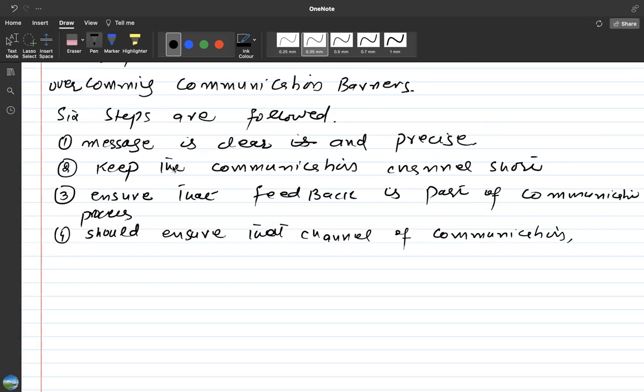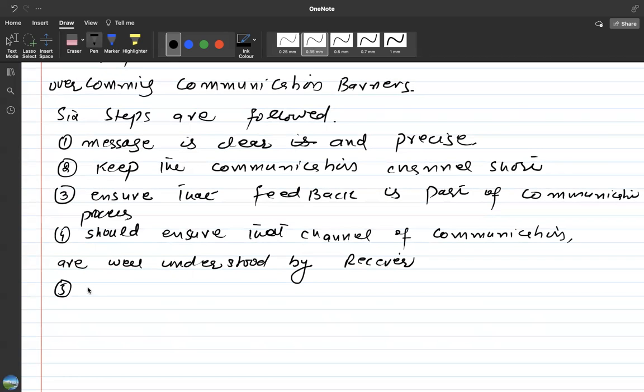They must be understood, and all the listeners and receivers must be capable of using them properly. It also establishes trust between the sender and the receiver.